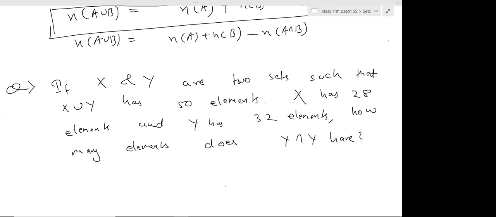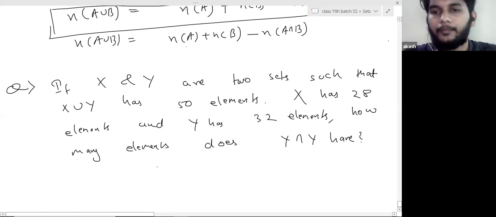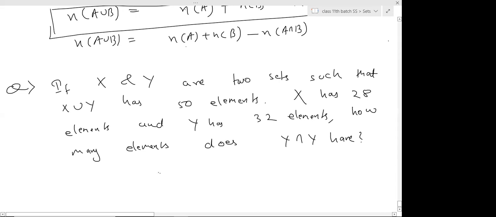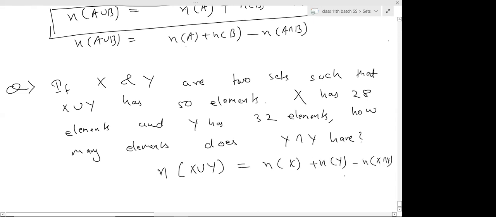Sir, it's 10. Let's see. How did you solve this? So I put the values in the above equation. So n of x union y is equal to n of x plus n of y minus n of x intersection y.